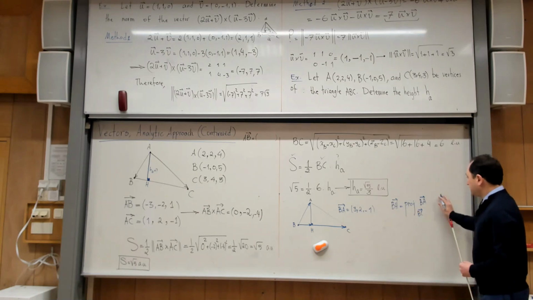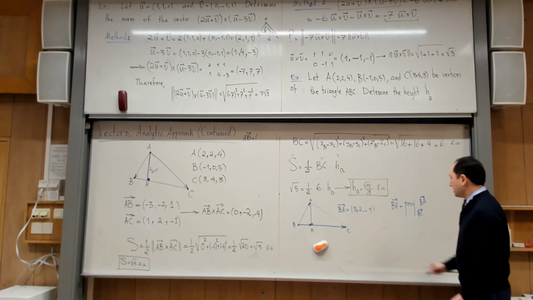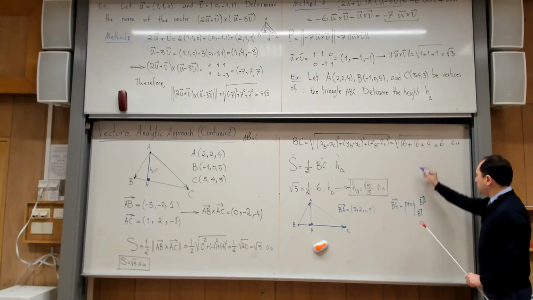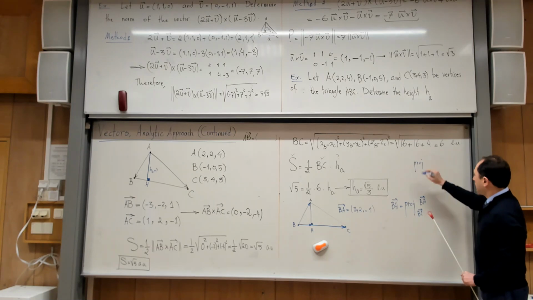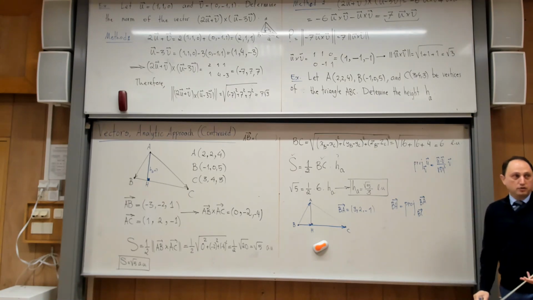I don't know if you remember the formula, but the point is that you understand the connection, and if you have forgotten the formula, you can refer to your notes. The projection of U on V becomes U dot V divided by the norm of V squared times V. That was the formula we got.